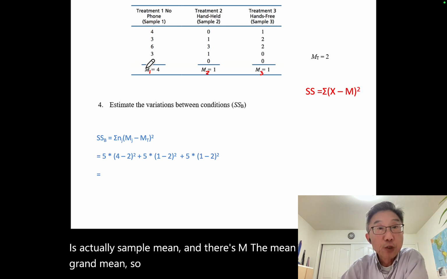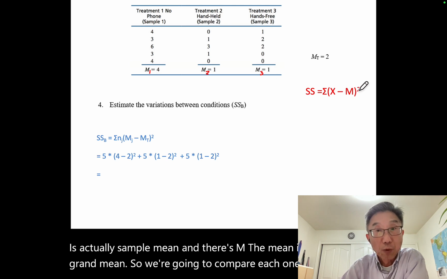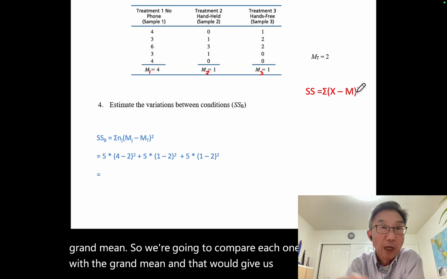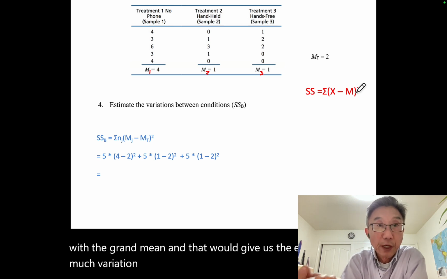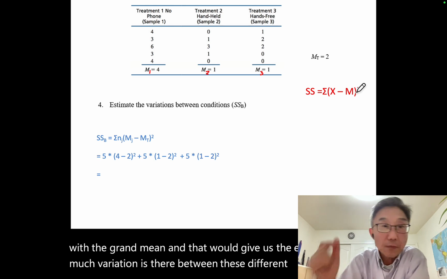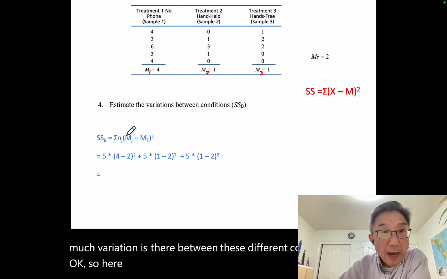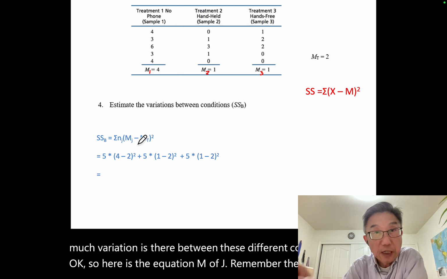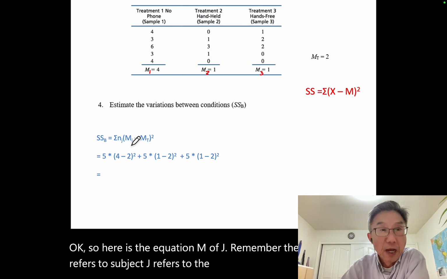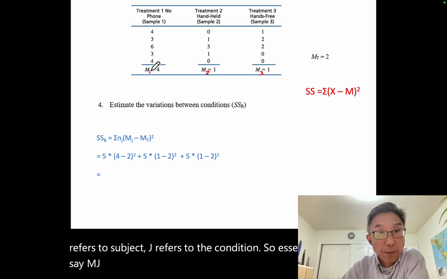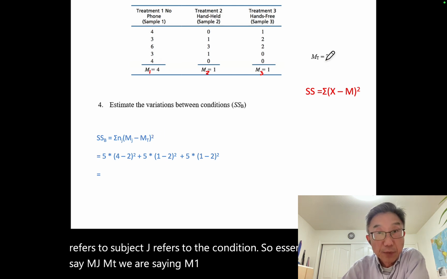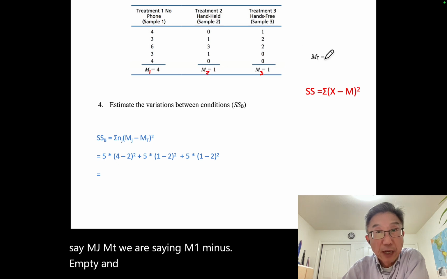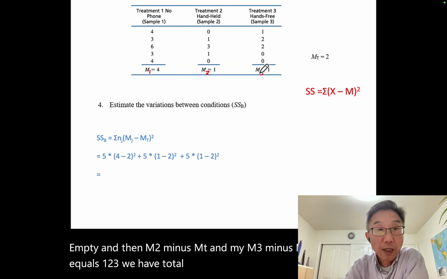We compare each one of these means with the grand mean, and that will give us the estimate of how much variation there is between these different conditions. So here is the equation. M of j. Remember, of the two subscripts, i refers to subject, j refers to the condition. So when we say mj minus mt, we are saying m1 minus mt, and then m2 minus mt, and m3 minus mt. So j equals 1, 2, 3. We have a total of 3 conditions.